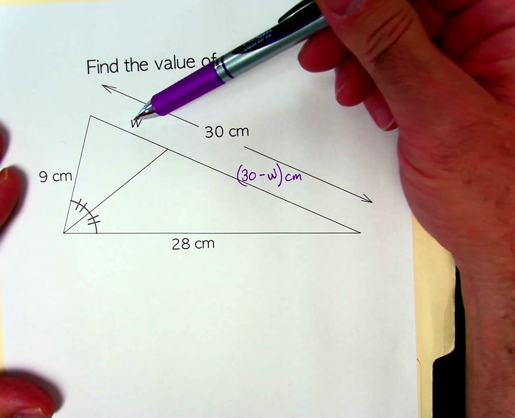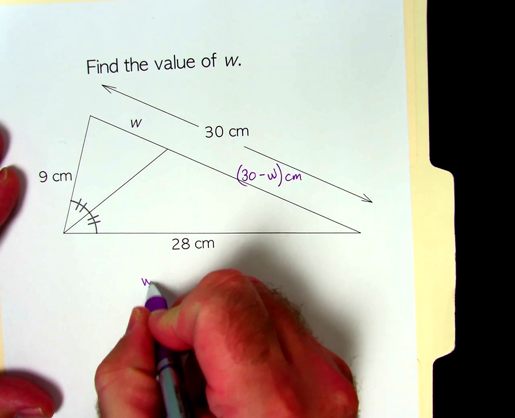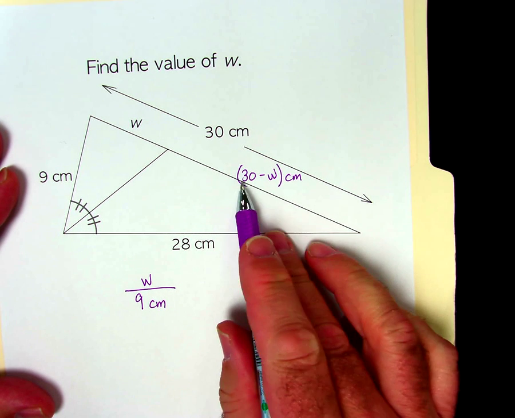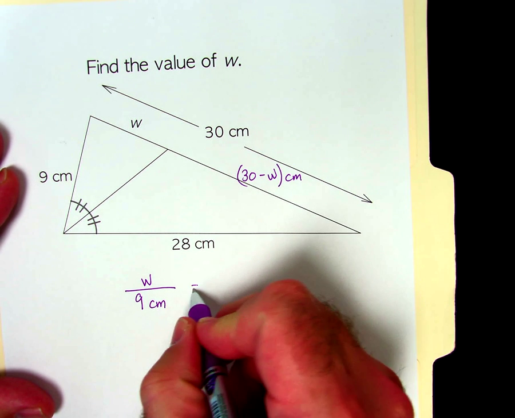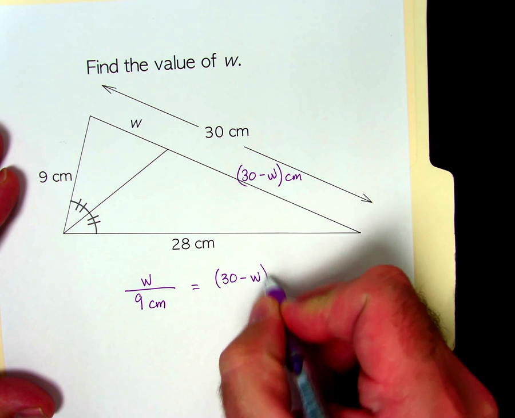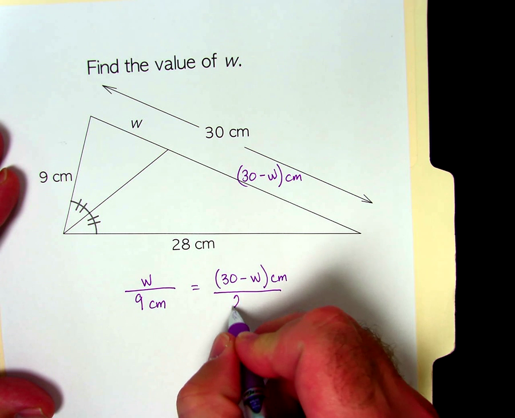So now I know that W compares to 9 centimeters in the same way that 30 minus W centimeters compares to 28 centimeters.